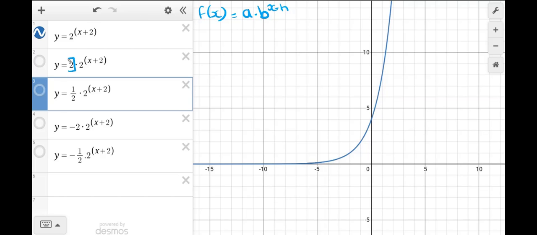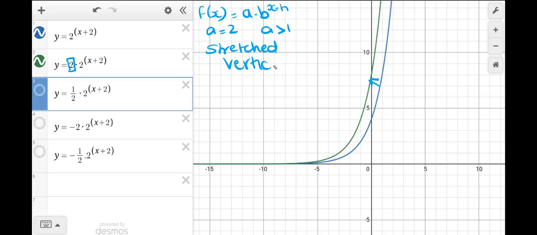The difference is now we've got a value here for a. So our a value is equal to 2. So this means a is greater than 1. So we'll see what happens. Our graph has moved this way. So it has been stretched vertically. In this direction, this is vertically.